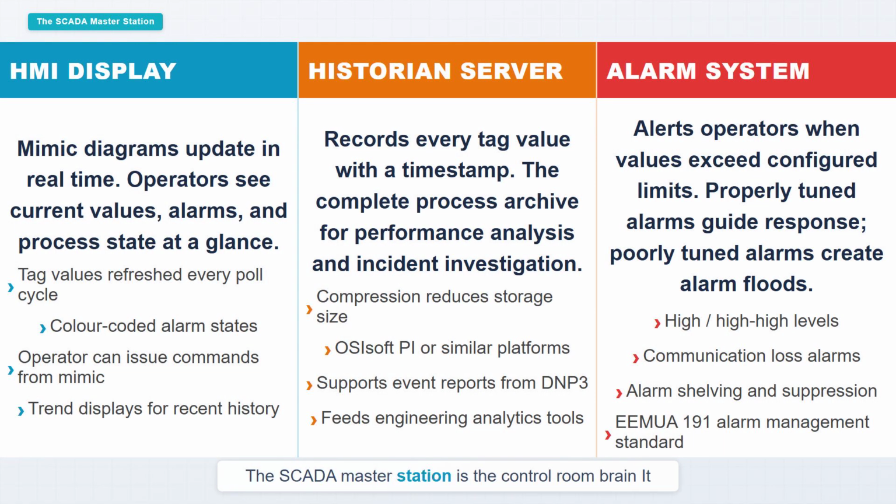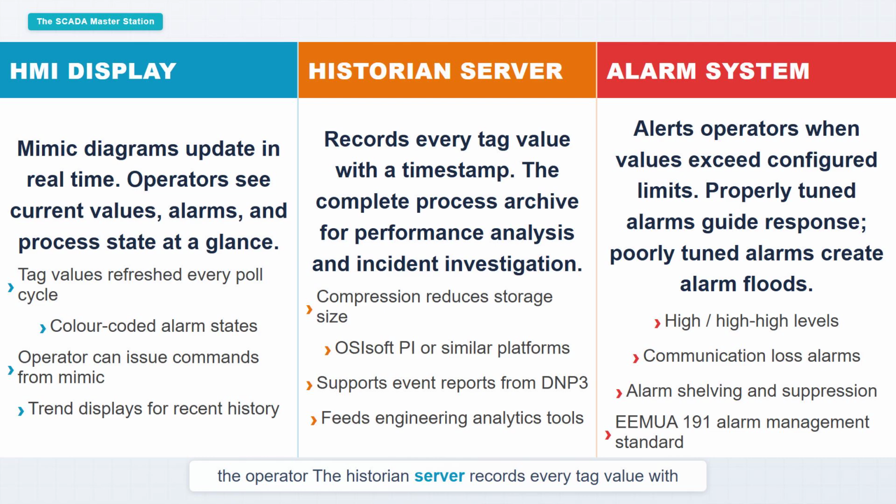The SCADA master station is the control room brain. It polls all RTUs on a regular cycle, collecting current values of every tag in the system: pressures, flows, temperatures, valve positions, alarm states. The HMI software displays this as mimics, graphical representations of the process that update in real time. When a value exceeds a limit, the alarm system alerts the operator.